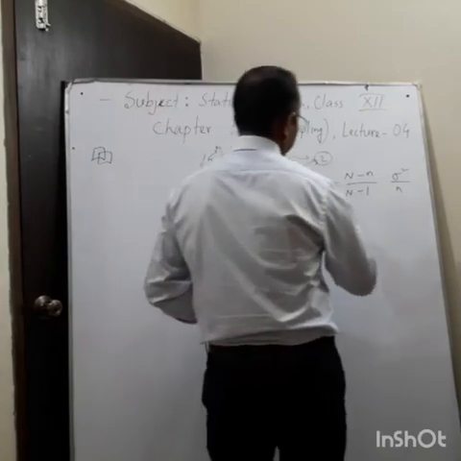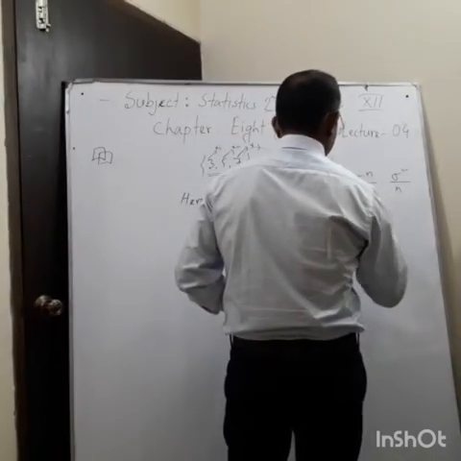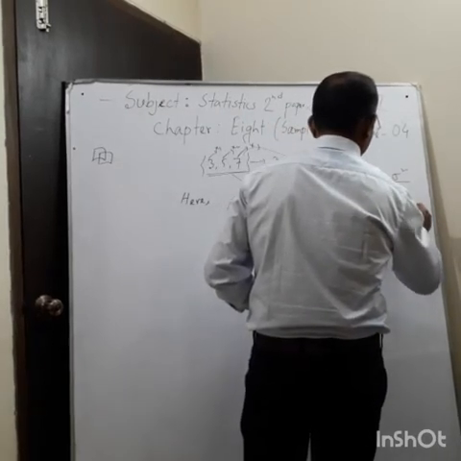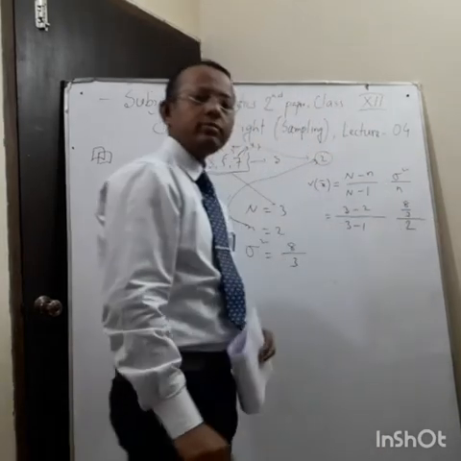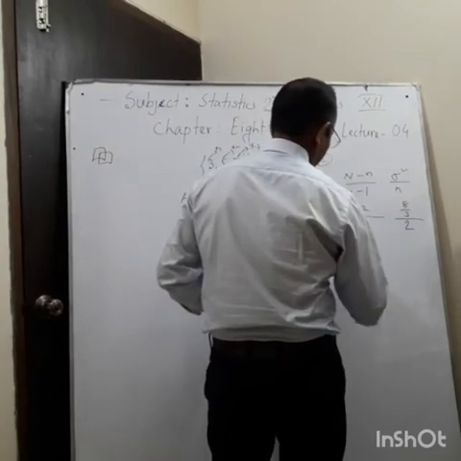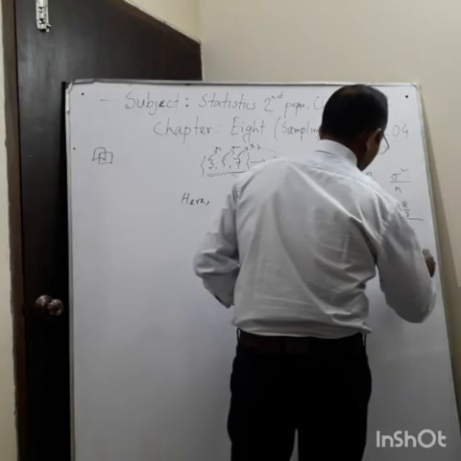So it will be (3 minus 2) divided by (3 minus 1) into 8 by 3, and it is 2. Now this is equal to 1 by 2 into 8 by 3 into 1 by 2.